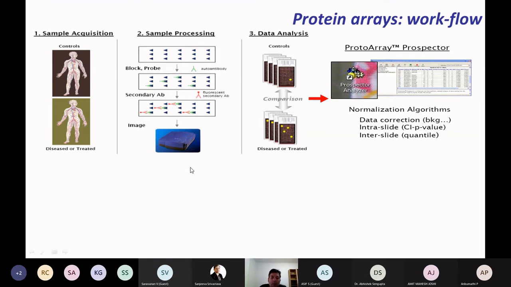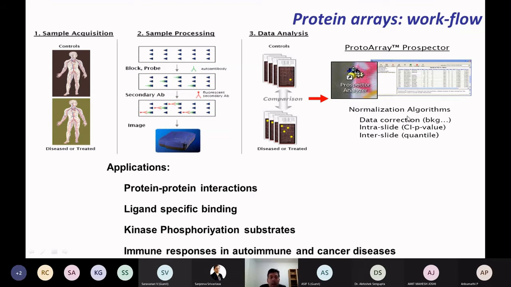The image is collected in a fluorescent microarray scanner, and after analysis and comparison of controls and the disease situations, we can get those proteins specific to the disease by bioinformatics.